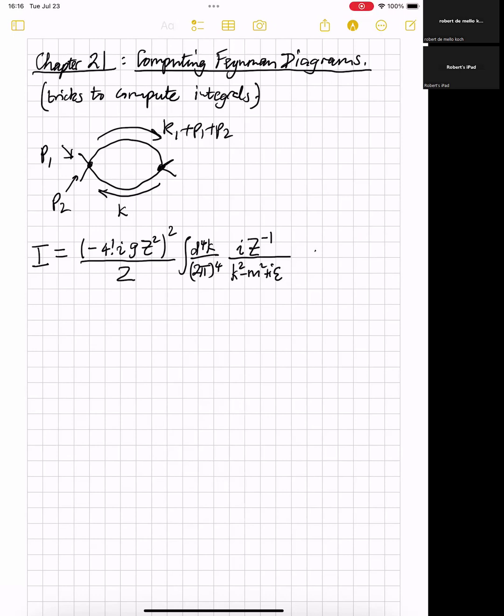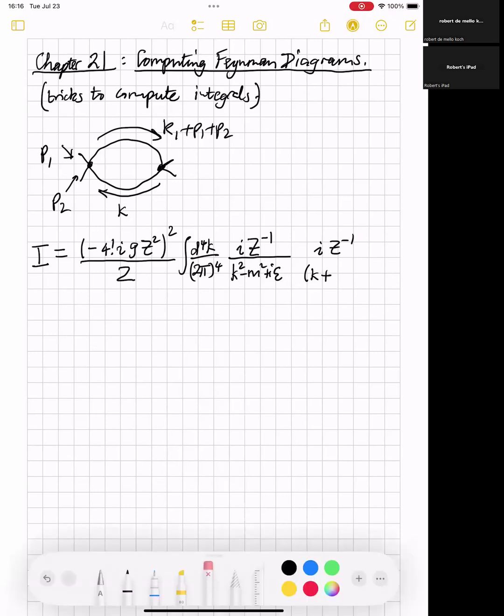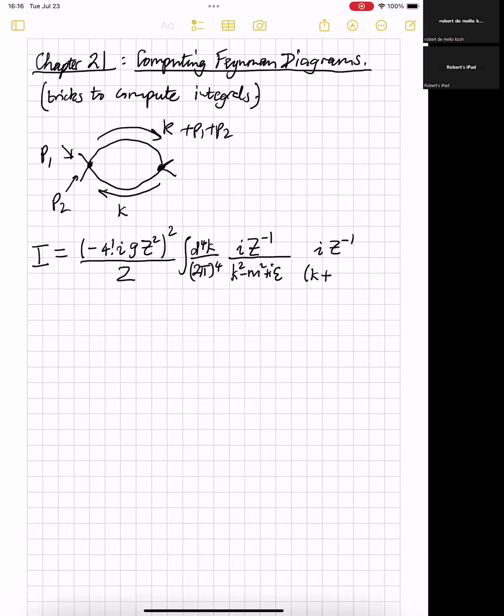And then for the second line, we've got i, Z inverse, and then we've got K plus, I don't know why I wrote a K1, let me just correct that. This should be K, okay? Good. This is K plus P1 plus P2 squared minus M squared plus i epsilon. So that's the integral that we want to do.